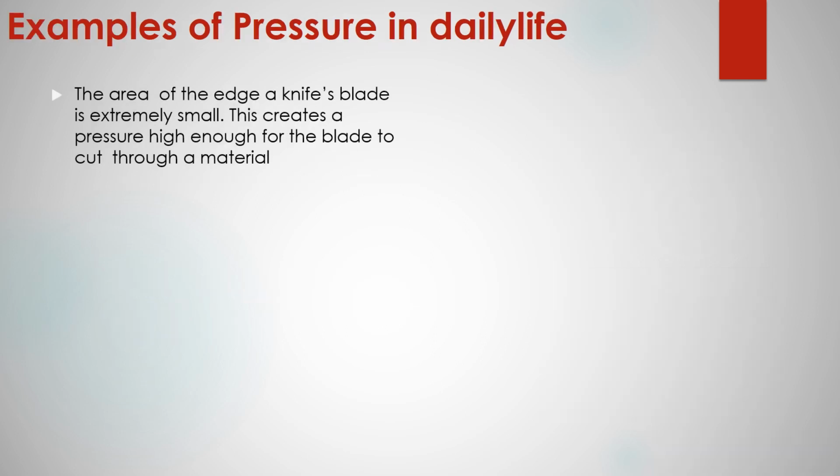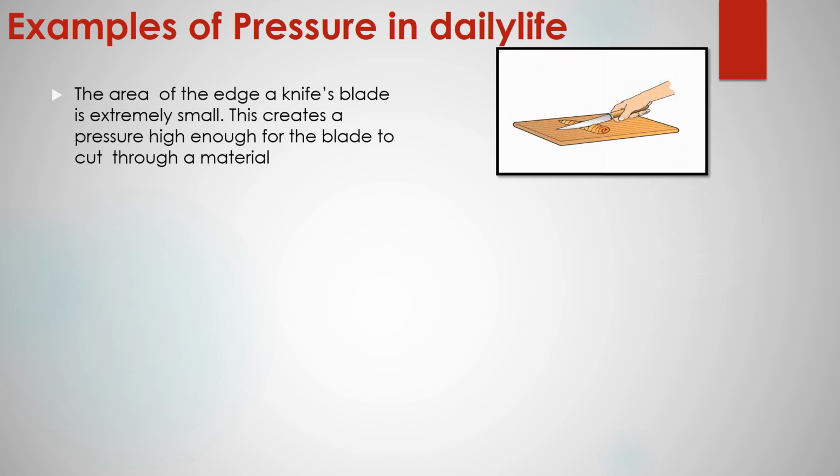What is the next example in our daily life which we are using? The area of the edge of a knife blade is extremely small. This creates a pressure high enough for the blade to cut through a material.